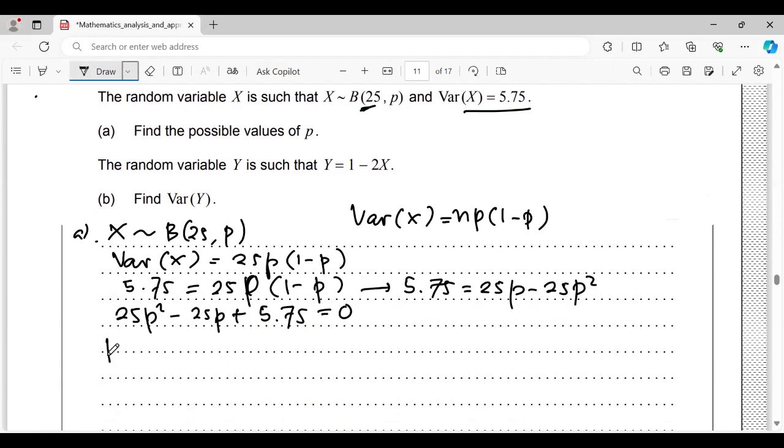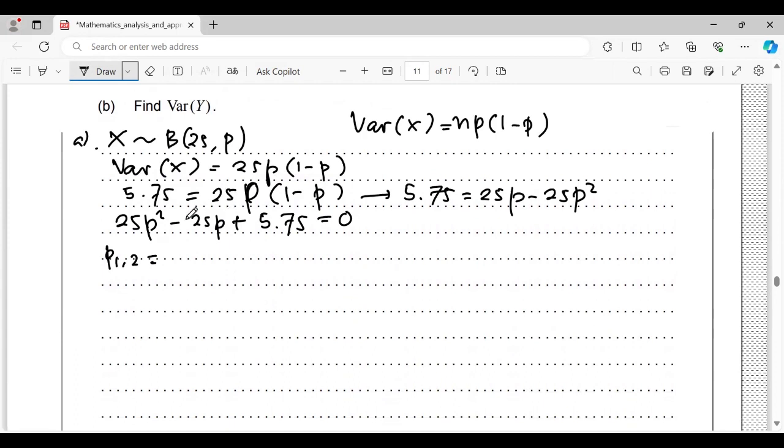So I'm going to find P1 and P2 based on the quadratic equation formula. A is 25, B is minus 25, C is 5.75. So it becomes 25 plus or minus square root of 625 minus 4 times 25 times 5.75, over 2 times 25.